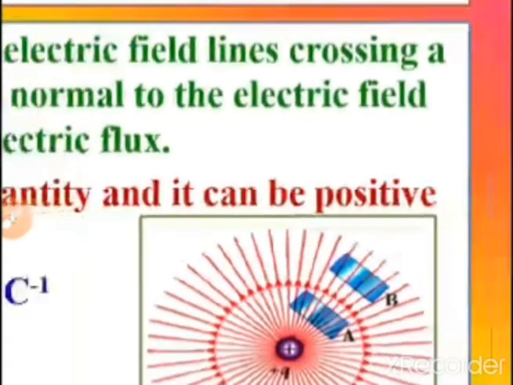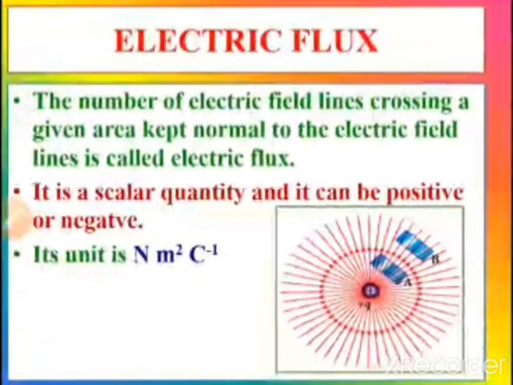So what is meant by electric flux? The number of lines crossing a unit area kept normal to the electric field lines is called electric flux. It has both positive and negative values, and the SI unit of electric flux is newton meter squared per coulomb. It is a scalar quantity.